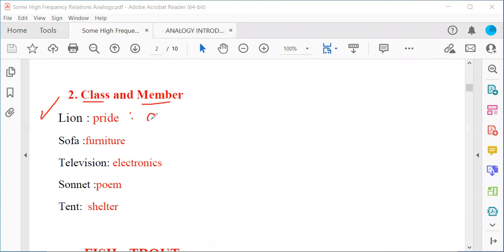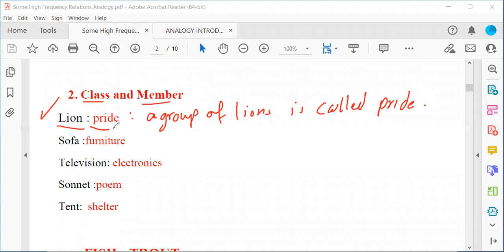Here, a group of lions is called a pride. So the relation is, a group of lions is called pride, or pride refers to a group of lions, the same thing. Sofa and furniture.